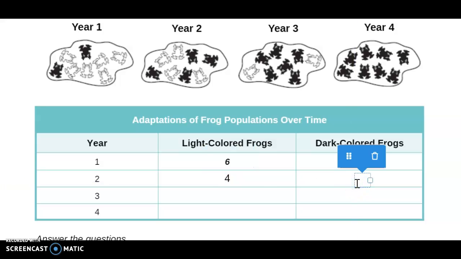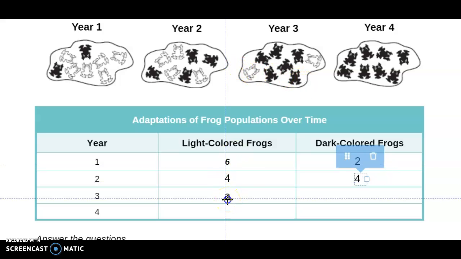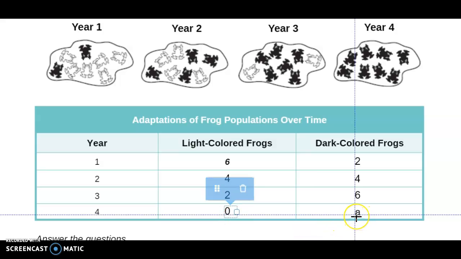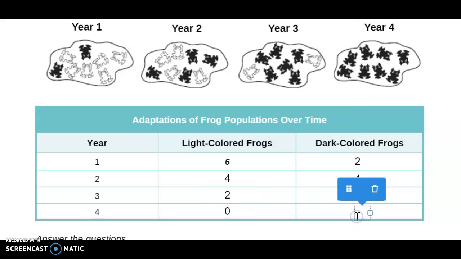We've kind of evened out there, but we didn't stop it even because the pond's getting darker, so those white frogs stick out and get eaten by predators even more. So then we have 2, and then we have 1, 2, 3, 4, 5, 6 the dark frogs. And then by the last year, all of those white frogs have been eaten up. And all that's left to reproduce and pass their traits on are the dark-colored frogs.